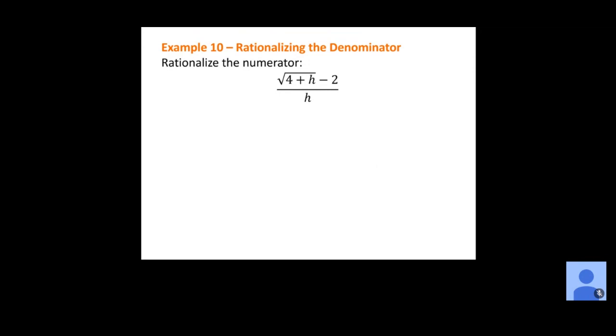Yeah, the 2 itself, right? So that minus in front of the 2 just becomes a plus. So I'm going to multiply this by square root of 4 plus h, and then we're going to have a plus 2 on the outside. Remember, it's only the sign between the number and the radical that you want to change. And then we do the same thing in the denominator, like that.